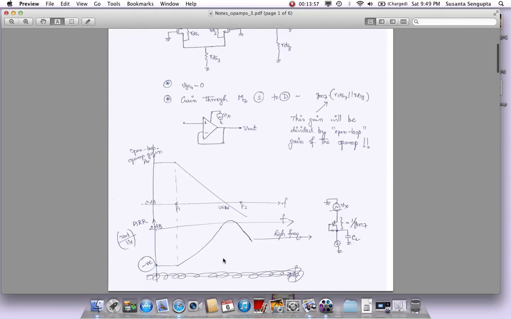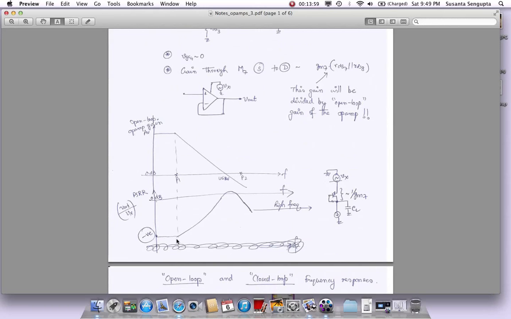But intuitively, whatever the open loop gain characteristic of the op-amp is, PSRR will look exactly inverted, like a mirror image. Then it will lose steam after unity gain bandwidth, then it will turn around and start to go down. And at higher frequencies, why does it go down?